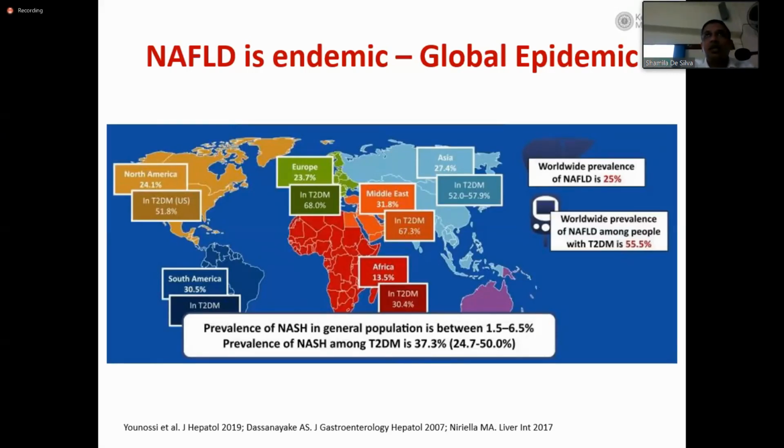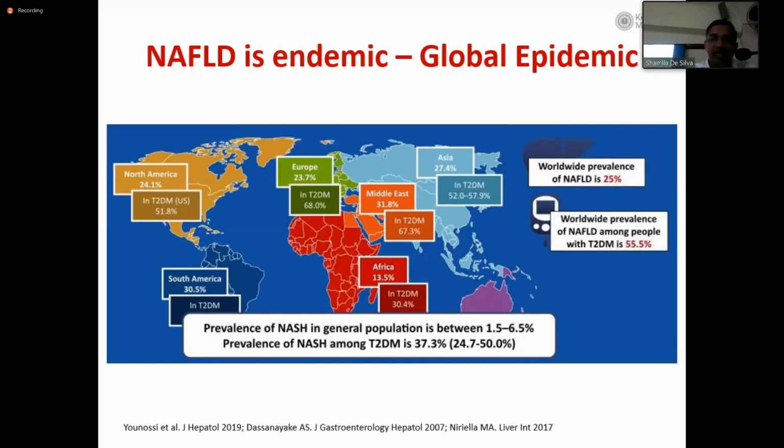Now in fatty liver, it's about twice, 25% in the general population, but in diabetics, fatty liver is 55%. But when it comes to the more aggressive disease, in the general population, the aggressive disease is only about 5%, whereas in diabetics, it's 37%, 7 times.